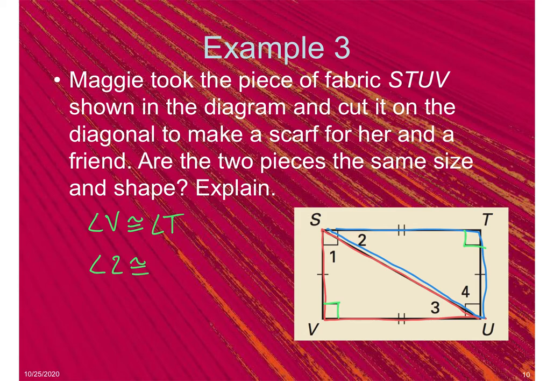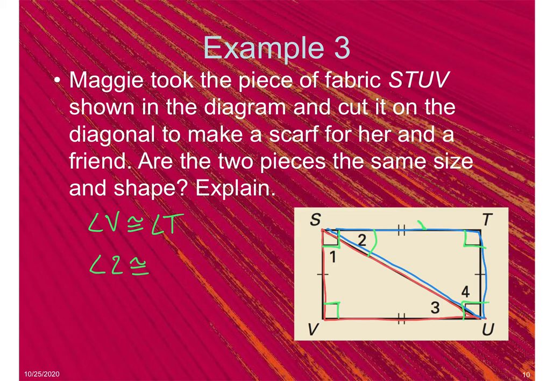So that's one angle. We can say angle 2 is congruent. So angle 2 lies in the blue triangle. We need to prove that that's congruent to either angle 1 or angle 3. Now, how we do that is you have to remember that all 4 of these angles are perpendicular, right? There's 4 perpendicular lines.